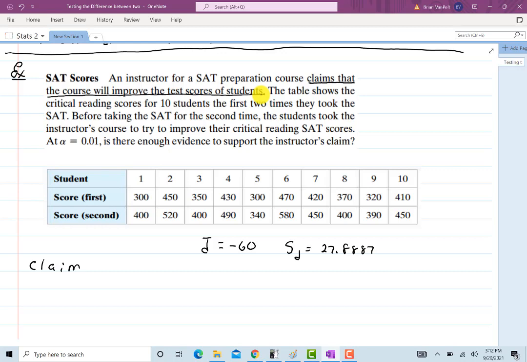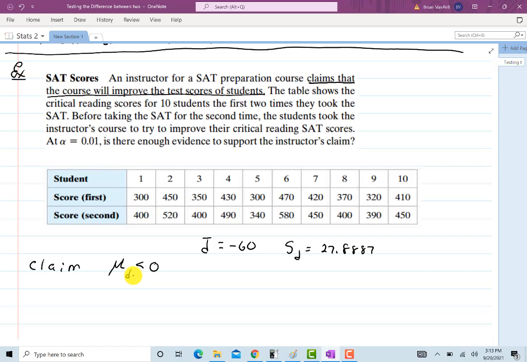If that's true, the first test score minus the second test score will be a negative number. So he's claiming that the mean difference is negative, meaning that there is a difference between beginning and end. Not just a difference, but better than before. So let's call this mu sub d is less than 0. That's what it means for the second score to be higher than the first score.